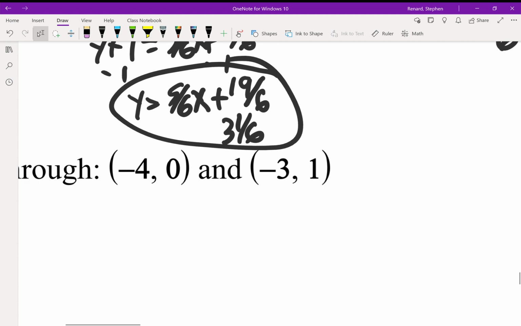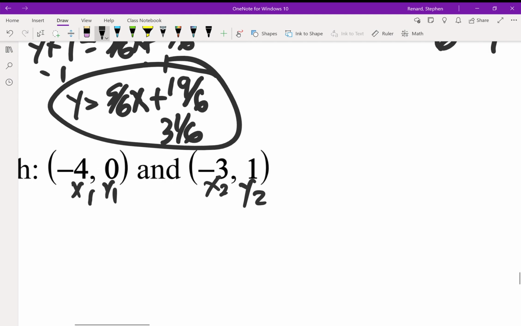27, we're amping up the difficulty just a little bit more, because not only do we not have really any relevant information regarding slope or anything like that, we have 2 points. So we're going to start off by identifying the points. I'm going to go x1, y1, x2, y2. And we need to find slope.